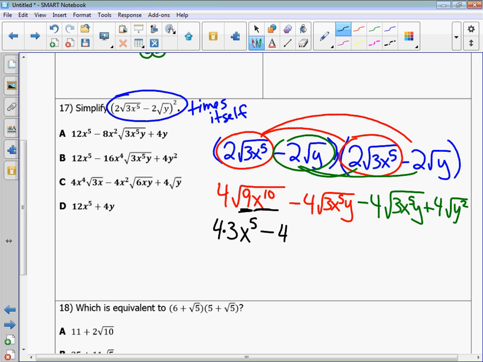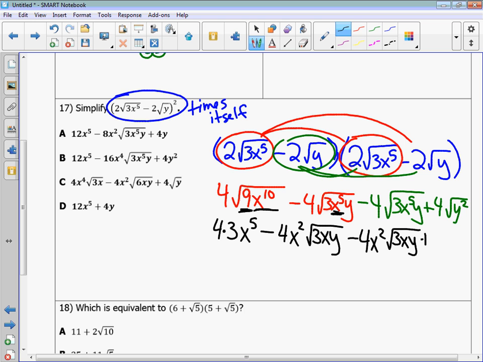Square root of 3, there's an x left over, and a y. Next term, a negative 4 on the outside, or minus 4. Again, square root of 3, can't do anything with. X to the 5th, square root of that is x squared with an x left over on the inside. So that's 3x, there's only one y, so that stays. The last term, square root of y squared is y.